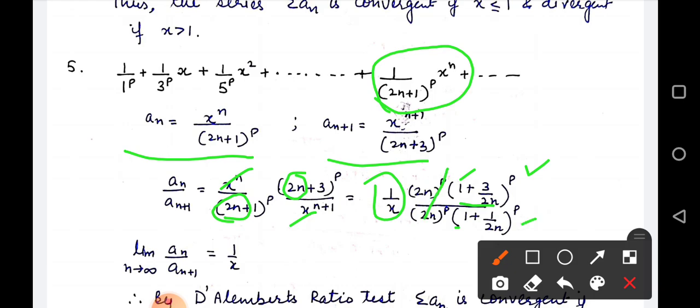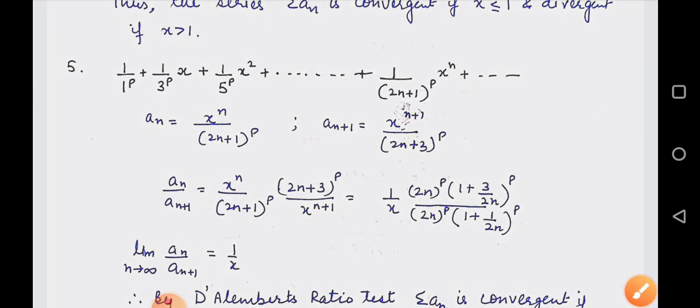So this both cancel. And when you take limit n approaches infinity, 3 upon infinity is 0. So 1 to the power p is 1. 1 plus 1 upon infinity is again 0. 1 to the power p is 1. So you are only left with 1 by x. So it will now depend upon 1 by x.